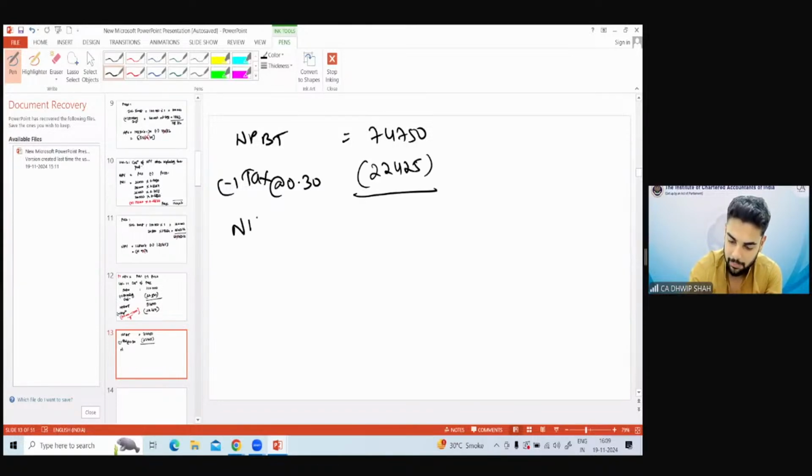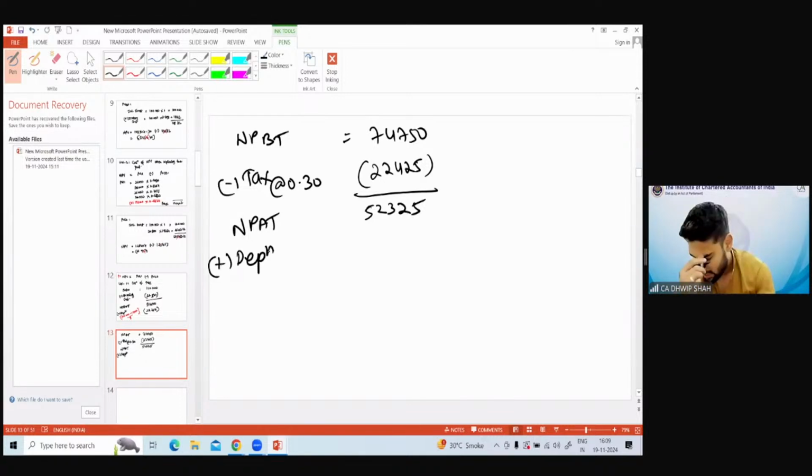So my net profit after tax comes to 74,750 minus 22,425, which is 52,325. And with NPAT, we add depreciation, because depreciation is a non-cash expense.